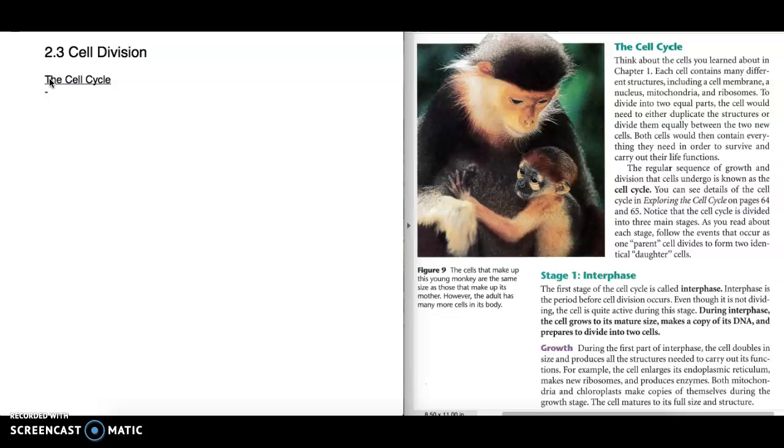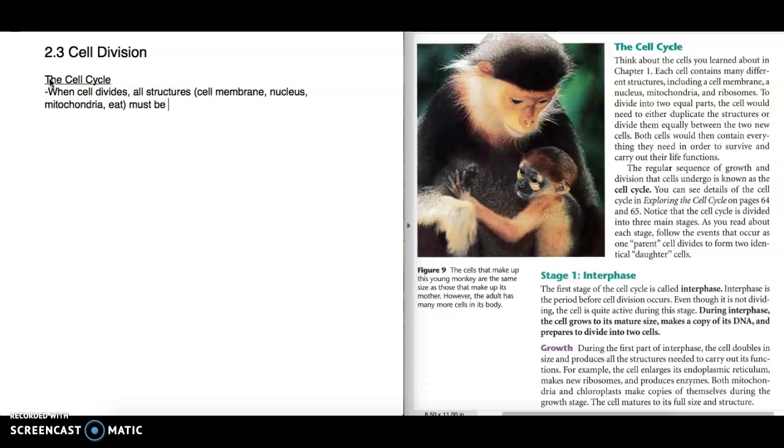For instance, the book tells us that when cells divide, all of the structures, including the cell organelles we learned in Chapter 1, the cell membrane, the nucleus, and mitochondria, etc., have to be present in both cells.